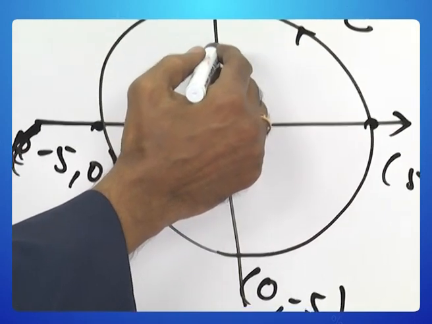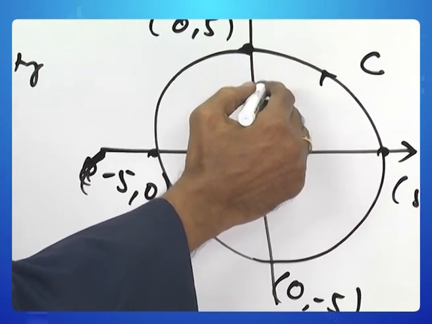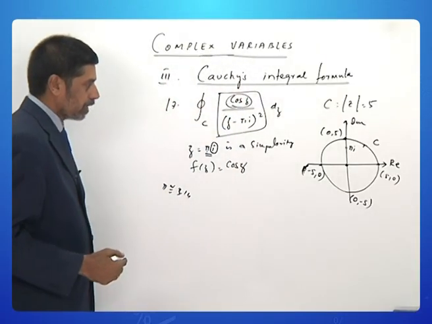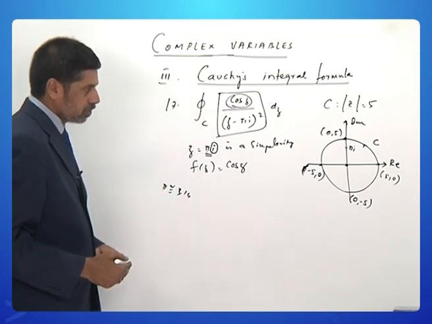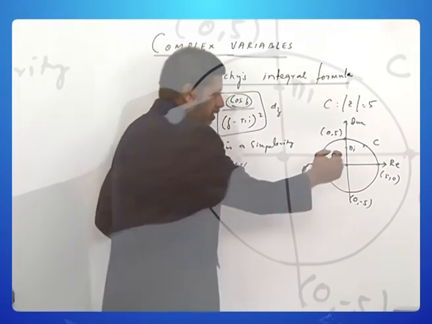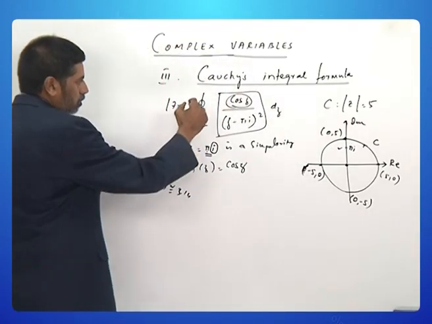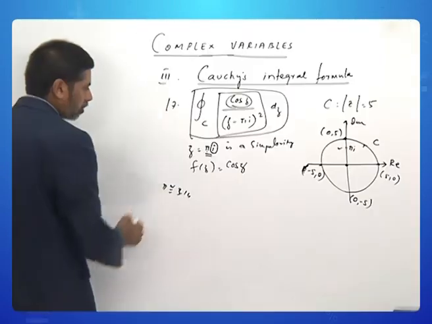So, definitely it is below 5. Therefore, you will find that pi I is located there. Pi I is approximately 3.14 I. That means along the imaginary axis. So, it is now confirmed that the singularity is inside the contour. Therefore, to this we can apply the Cauchy's integral formula.